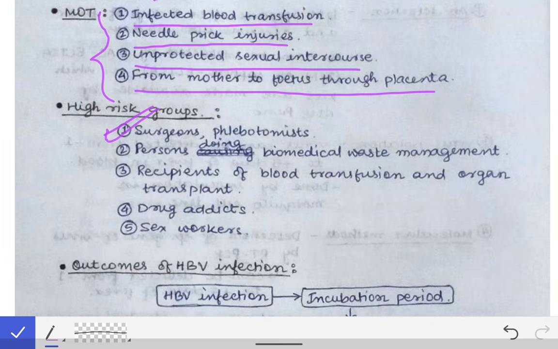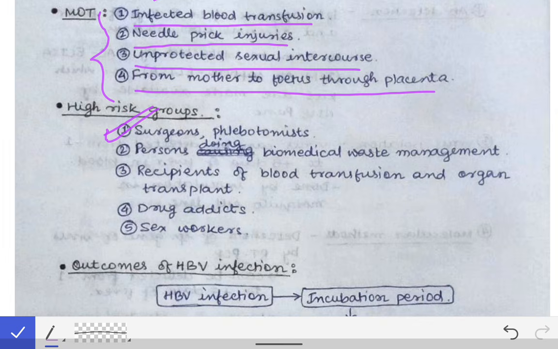The surgeon cannot refuse to perform a surgical procedure on a person suffering from hepatitis B or AIDS. That's why they are at higher risk, because any needle prick injury during the procedure may lead to transmission of the blood-borne disease. So the surgeons and the phlebotomists are high risk groups.